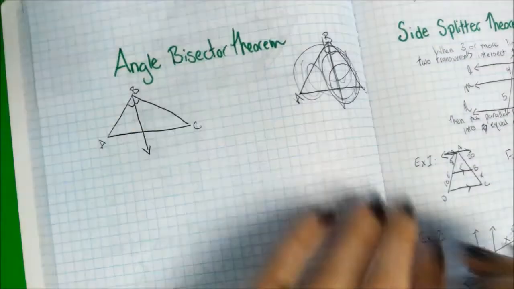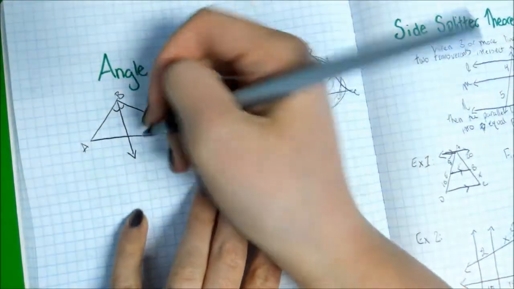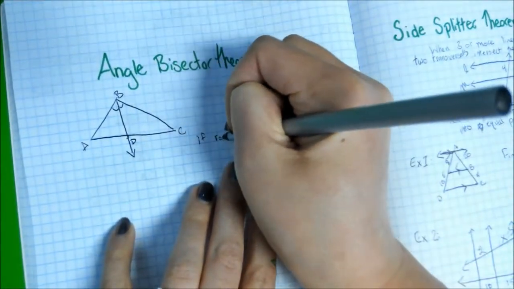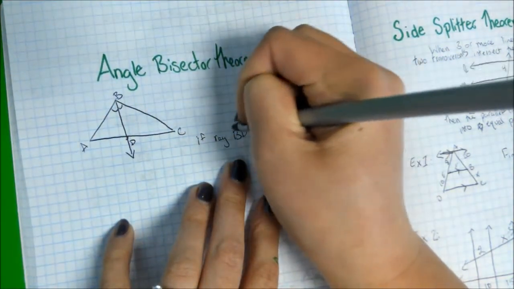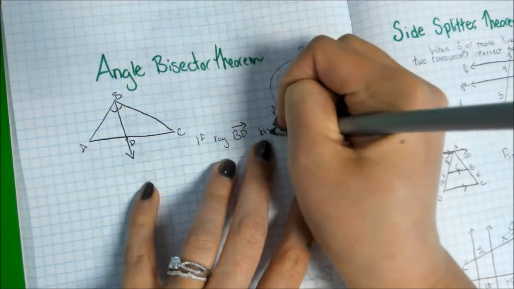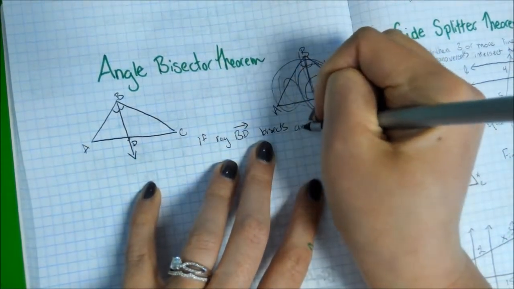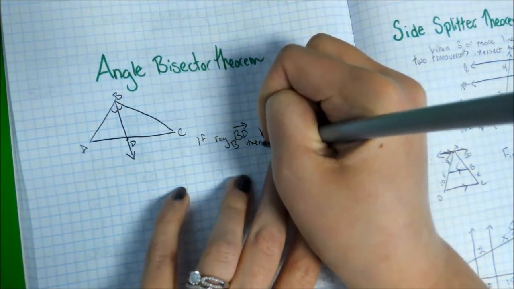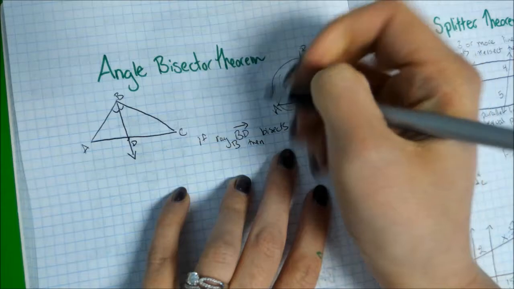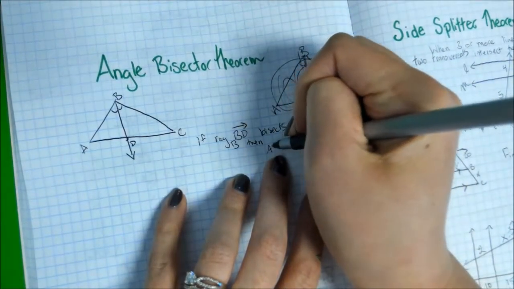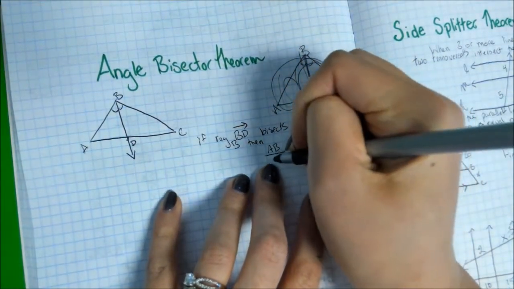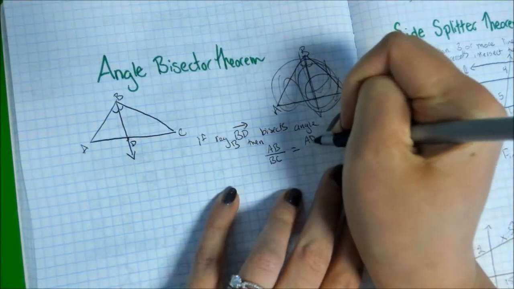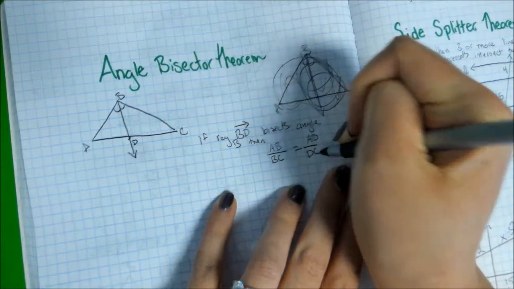Now what the angle bisector theorem says, if ray BD bisects angle B, then AB over BC will be in the same proportion as AD over DC.